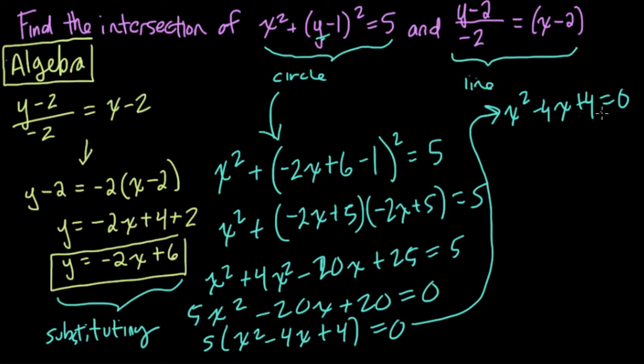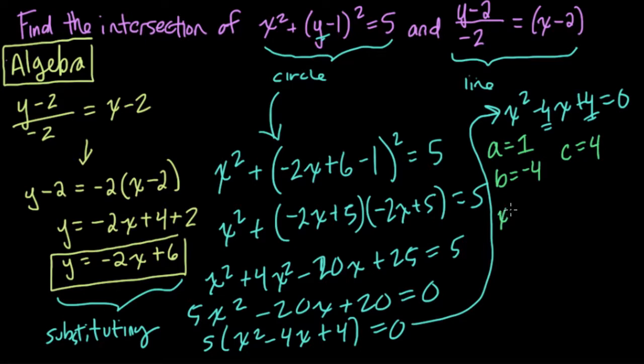Now I have a situation where I can't find factors of 4 that add to negative 4, so I'm going to use the quadratic formula. That says we have to identify a, b, and c. So a is 1, b is negative 4, and c is positive 4.